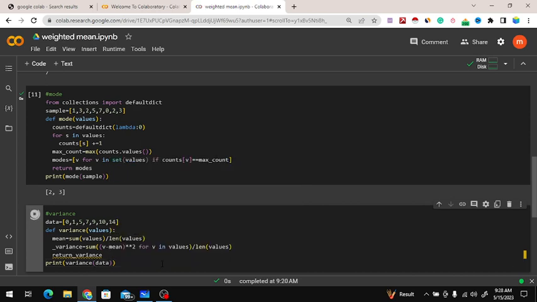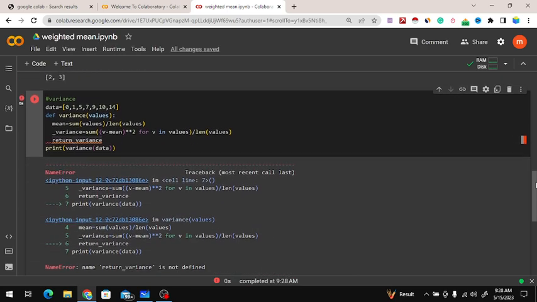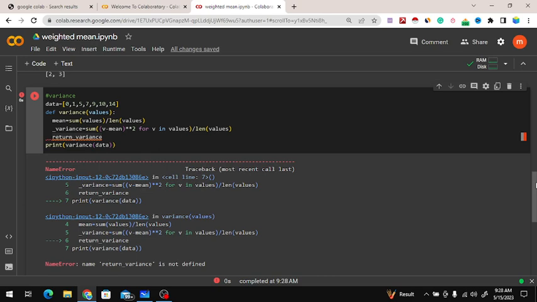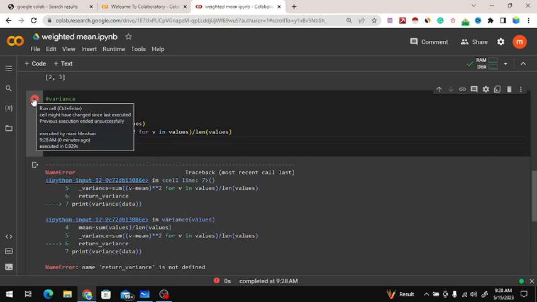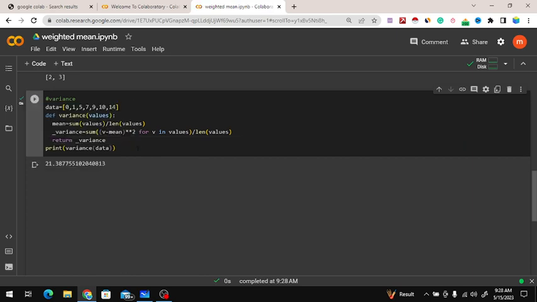So let's see. I think we have gotten some error with the return, and it's not return, it's return underscore variance. Give it some space. It's right. Yeah, I have gotten a variance of 21.